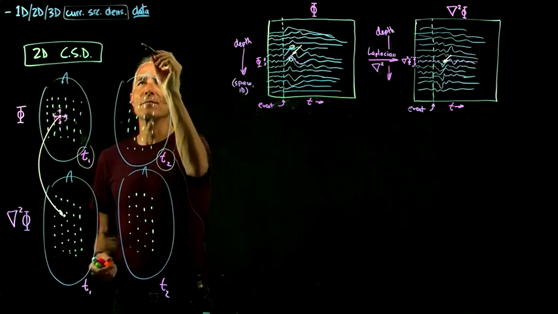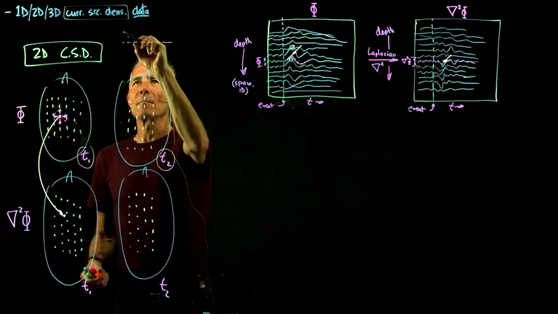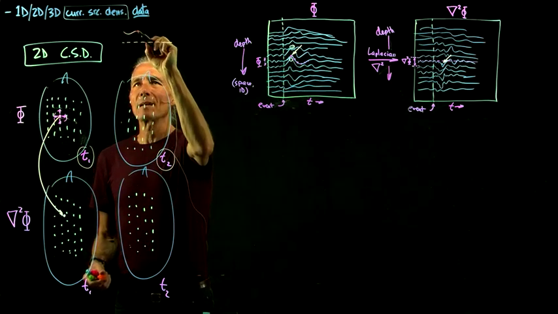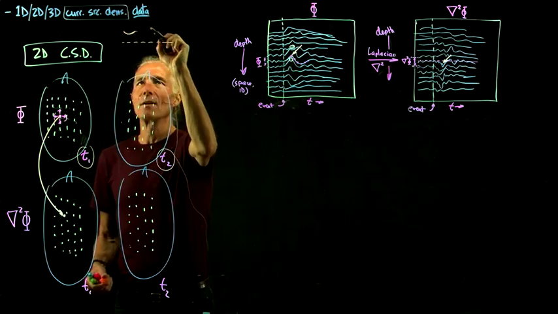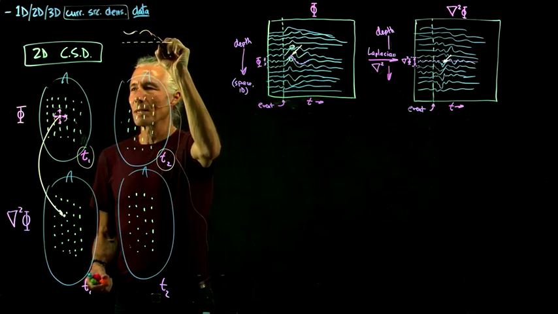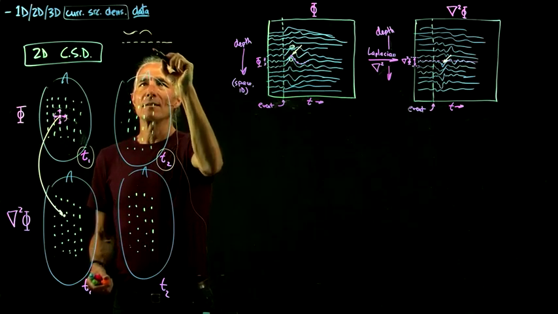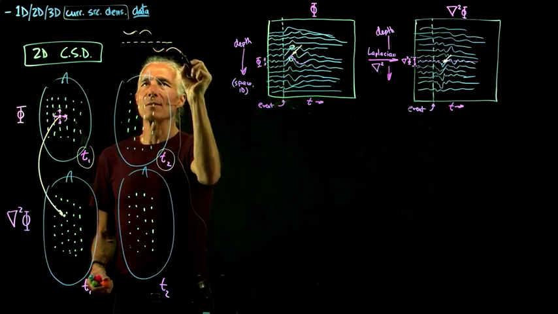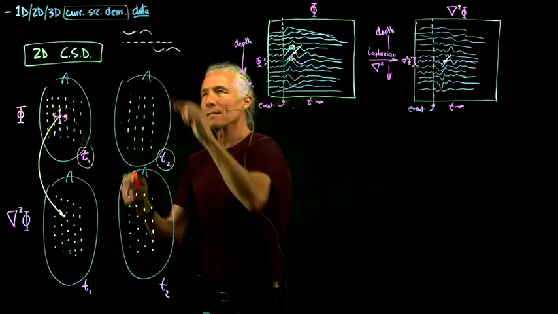If here's 0, you could have a positive evoked potential, but that might have negative curvature indicating it's a sink. Or you could have a positive evoked potential with positive curvature indicating it's a source, and vice versa. You could have the same thing down here. So you're generally going to get a more complicated picture.